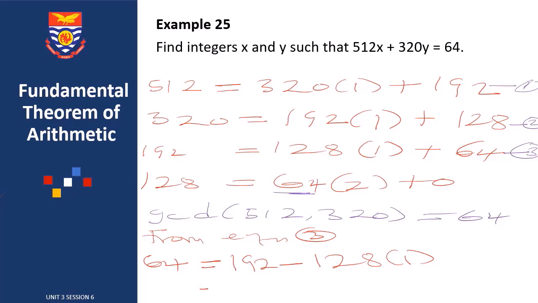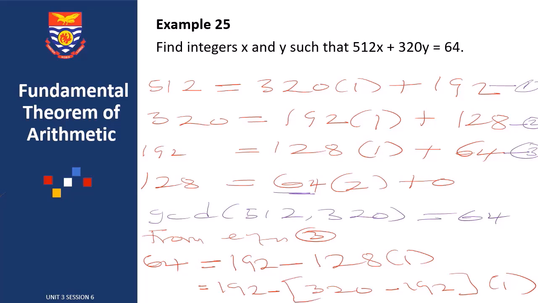So this equals 192 minus, then I bring my big bracket, 320 minus 192, all times 1. That is from equation 2.